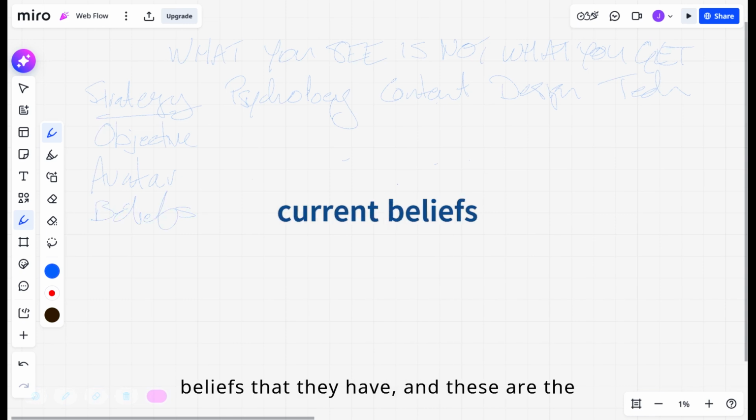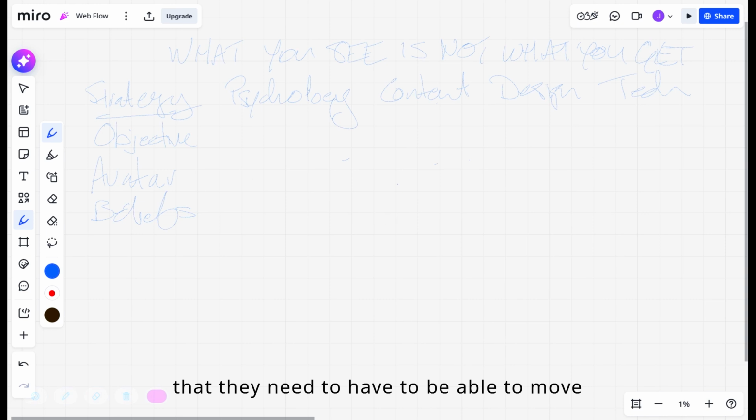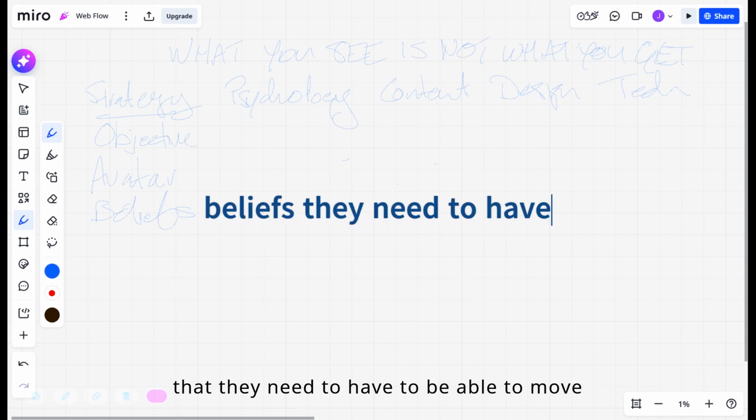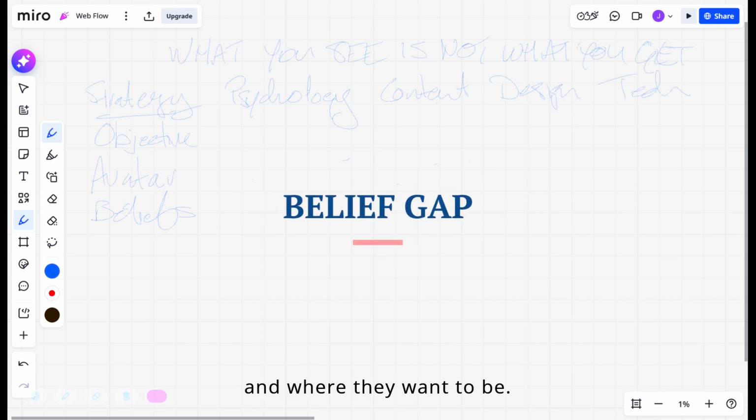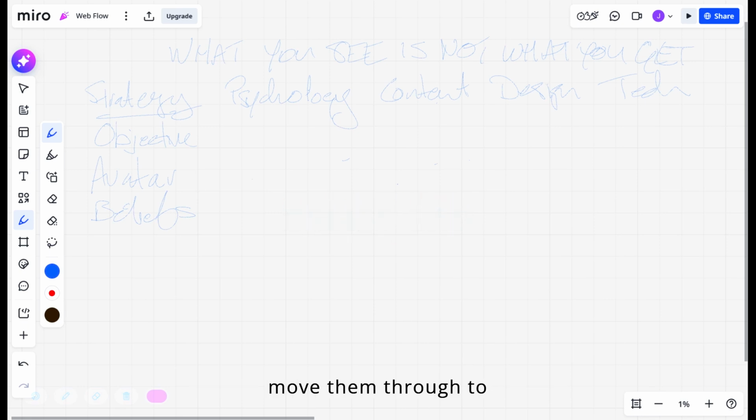There are the current beliefs that they have, and these are the beliefs that are keeping them stuck where they are. And then there's the beliefs that they need to have to be able to move from where they are to where they want to be. And I call that the belief gap. And this is the single biggest belief shift required to actually move them through to your solution.